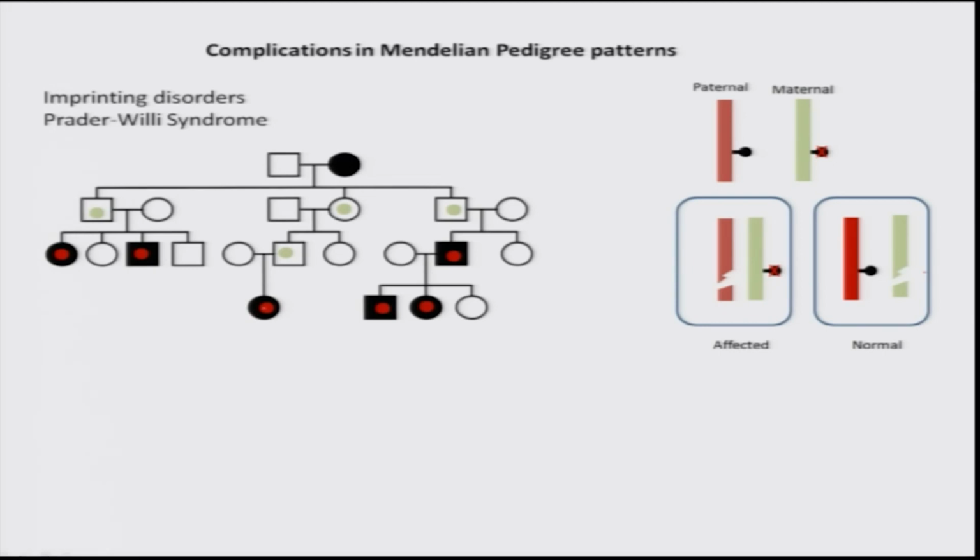Likewise, you see how a defect, depending on whether it is paternal or maternal, and in which lineage it is passing through, would end up developing into a disease depending on the parent of origin effect. So, that is an example of an imprinting disorder, and with such complications, when you look at the pedigree, it would be very difficult to understand the segregation pattern unless you know that they represent an imprinting disorder.